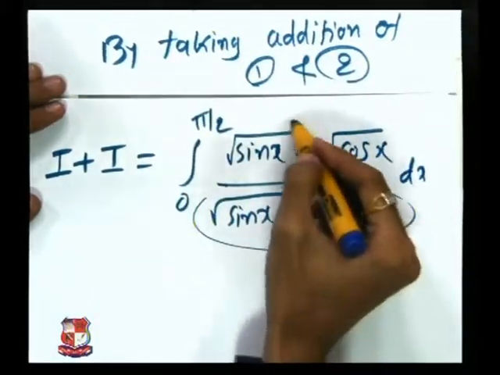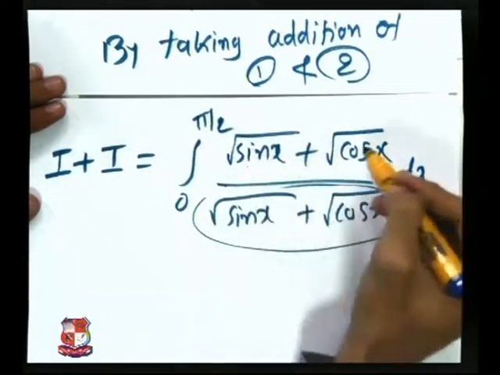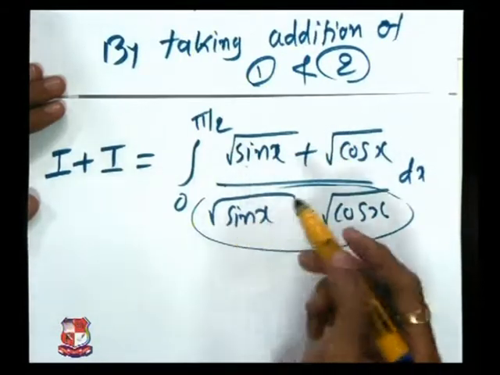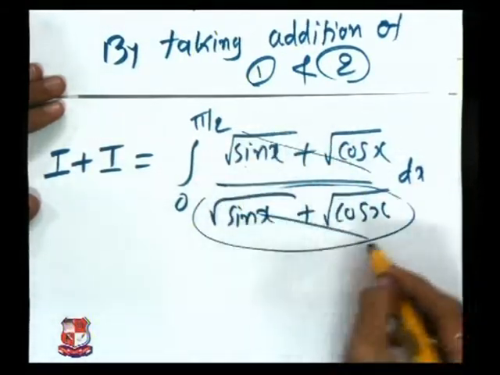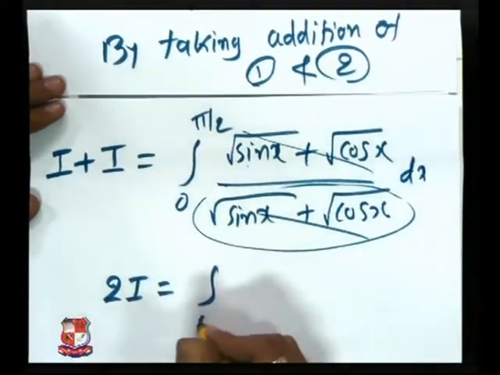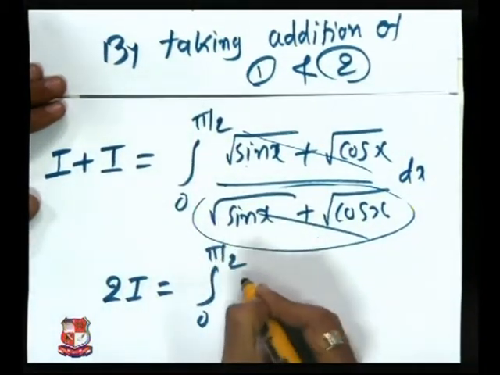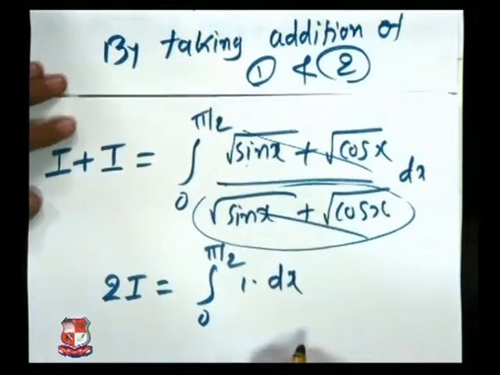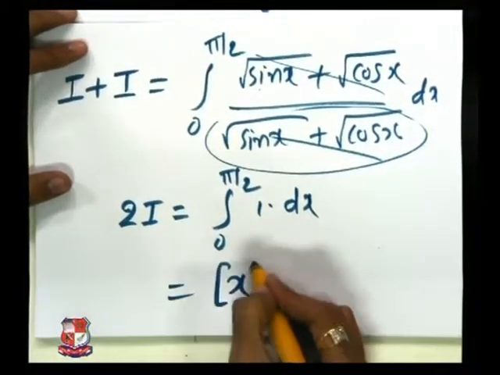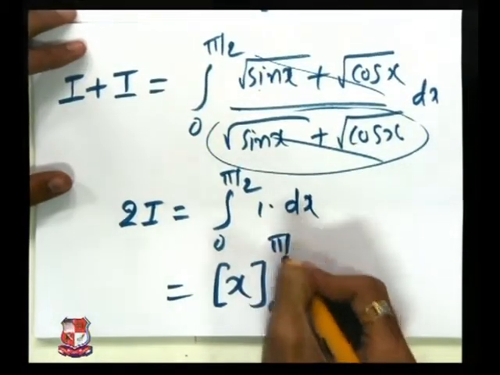This is the numerator for equation 2, this is the numerator for equation number 1. So this cancels out, and I will get 2I is equal to the integral from 0 to pi by 2 of 1 dx, and the integration of 1 is x for the limit 0 to pi by 2.